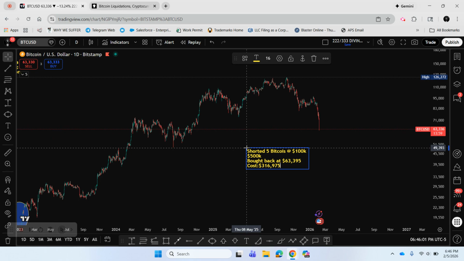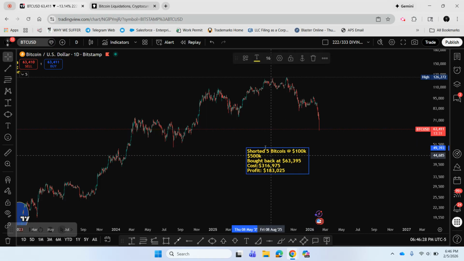Remember, you've got the cash, the 500,000. Your profit, and we're not worried about fees, this is for demonstration, your profit is $183,025. This is when somebody shorts.